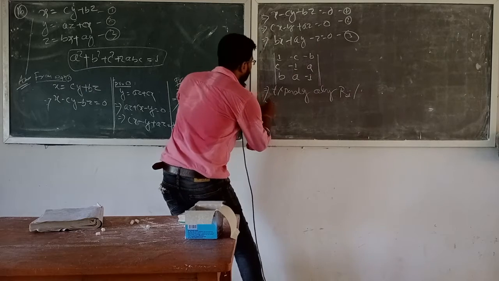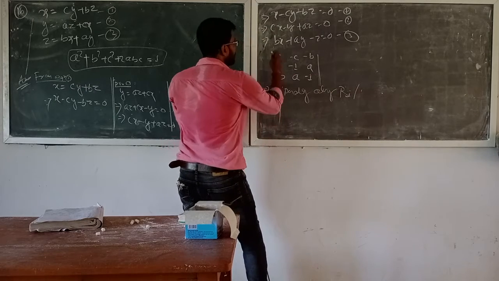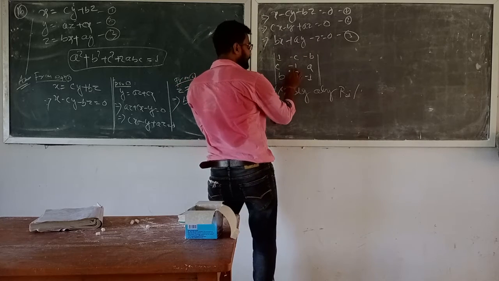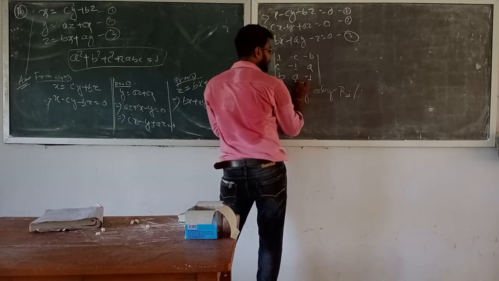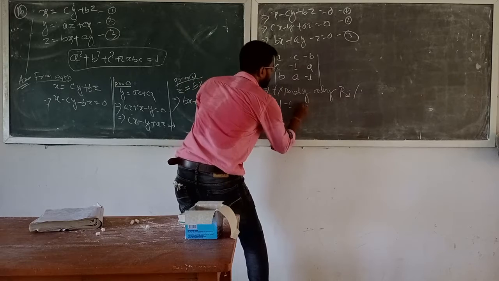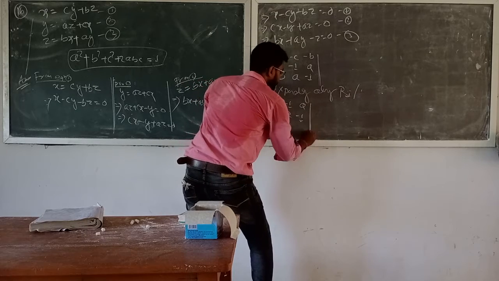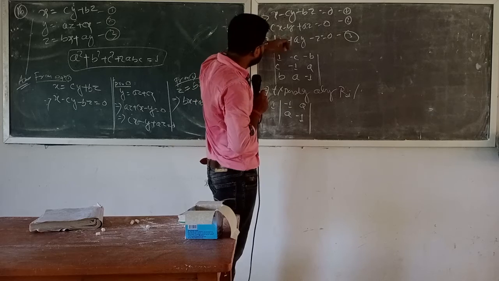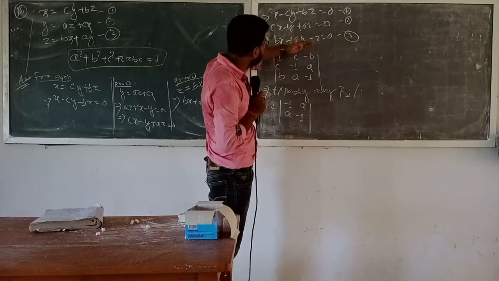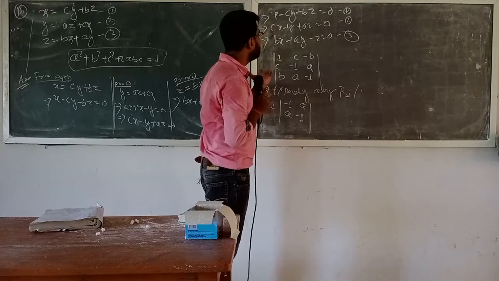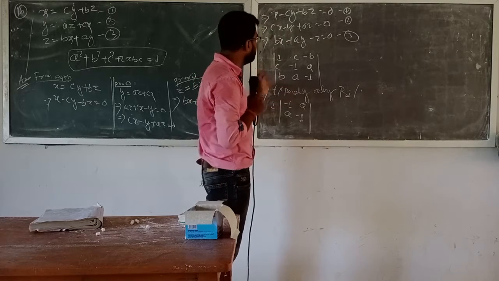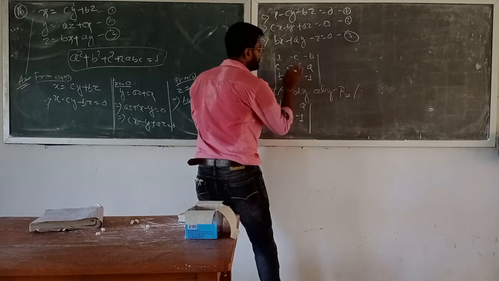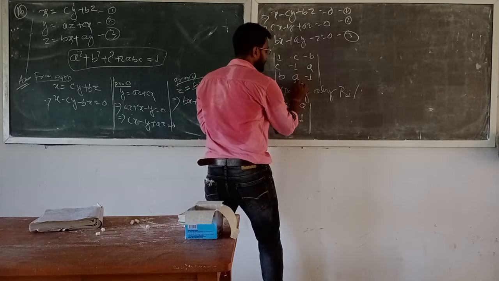The determinant will be 1 into, deleting the first row and first column, the remaining elements: minus 1, a, minus 1, minus 1, a, minus 1. Understand how to write the determinant: the first element 1 belongs to the first row and first column, so we delete that row and column, then write down the remaining elements: minus 1, a, minus 1.